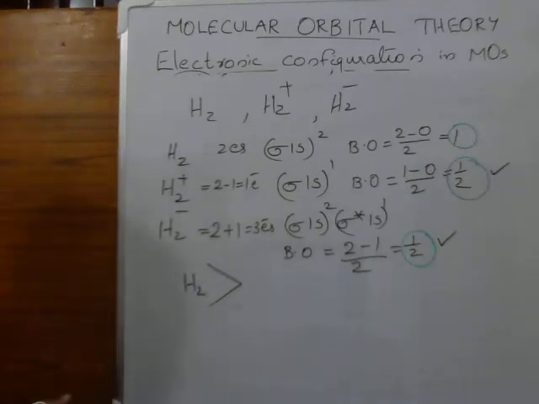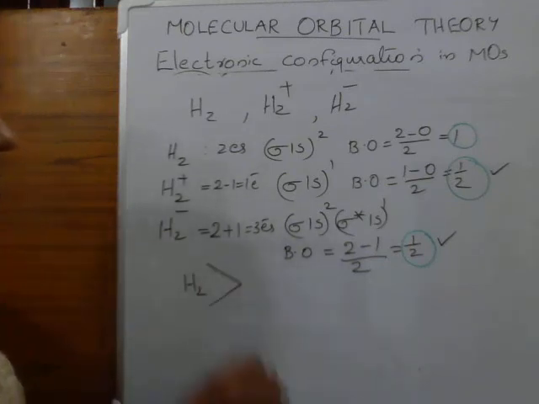If there is the same bond order, how will we compare the stability? In that case, you have to compare the electrons present in antibonding MO. If there are fewer electrons in the antibonding molecular orbital, that molecule will be more stable. So if the bond order is the same, what do you have to check? You have to check the electrons in antibonding MO.